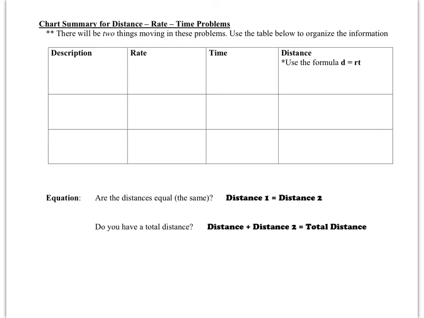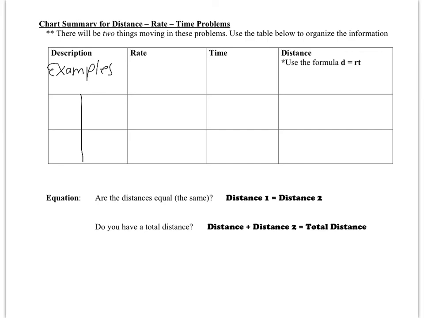All right, so whenever you get one of these charts, the description is always going to be what we're talking about, right? There's going to be two things moving in these problems. So some examples here about what the description would be, kind of what we've written. I'll come up with two different examples.